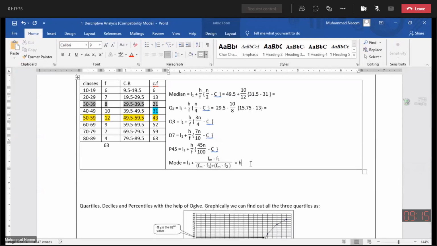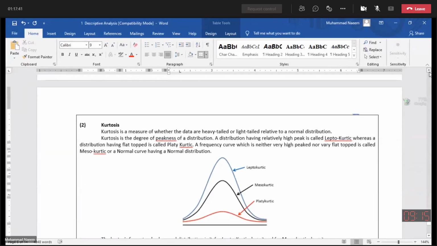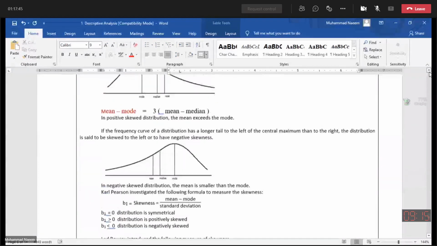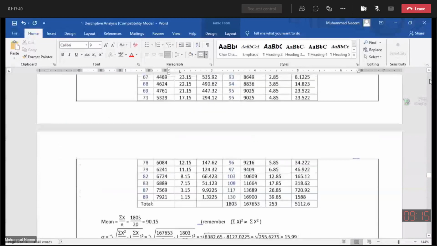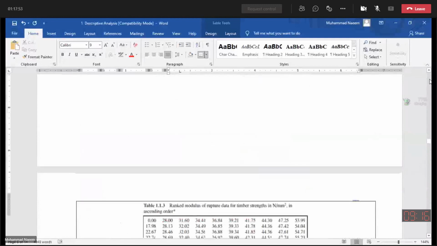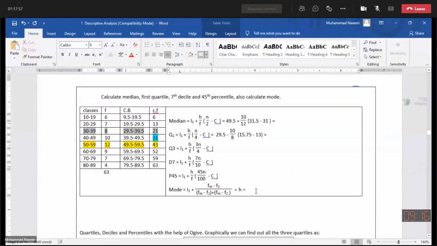So what happens in this case? First of all, find the value of Fm. Fm means the highest frequency. So look at this column of frequency.